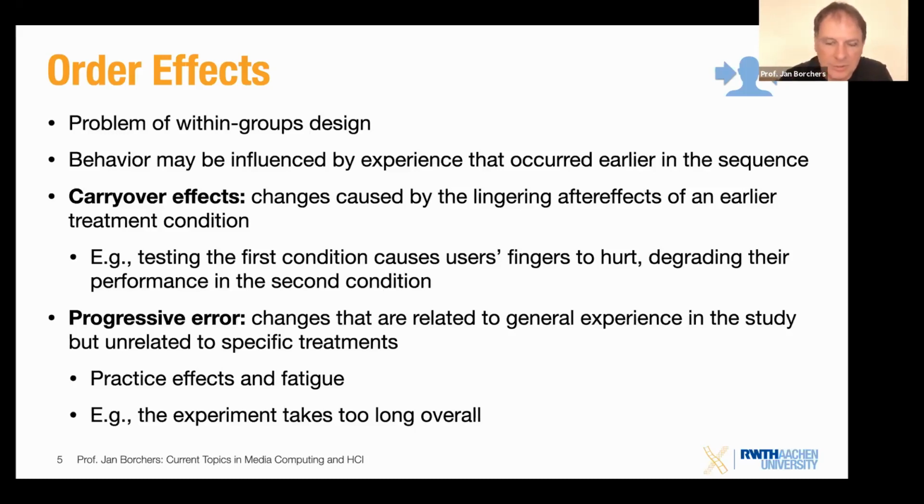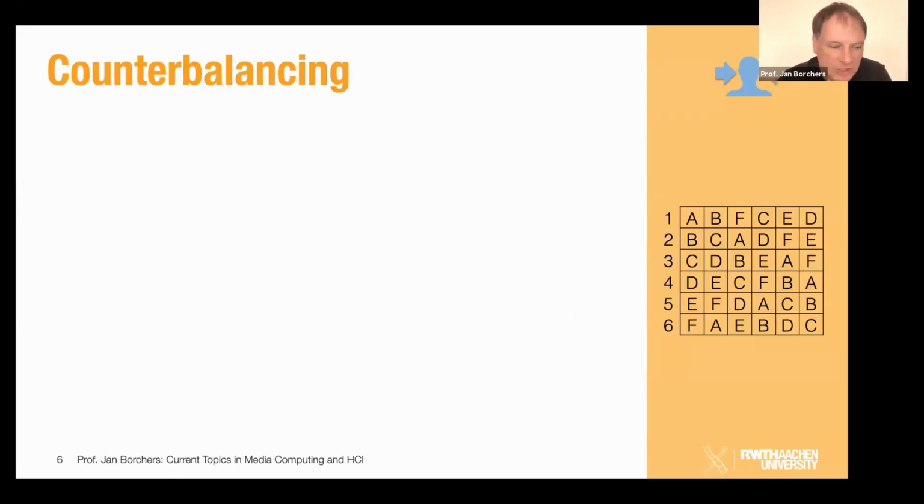So within groups has this problem, and we know what to do, right? We can negate order effects to a degree, and that's called counterbalancing. We're using this logo here for anything that is the within groups design. And counterbalancing means we basically try to remove the effects that the order of conditions has.